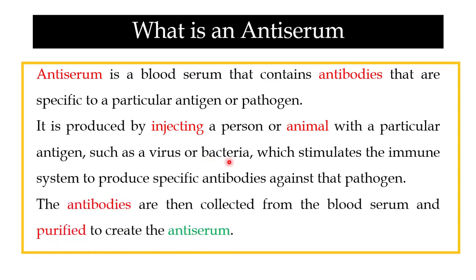These antibodies are collected from the blood serum of the animal or the person injected with the particular virus or bacteria, and they are purified to create the antiserum. So this antiserum is going to contain the antibodies specific to the viruses or bacteria that you are interested in.